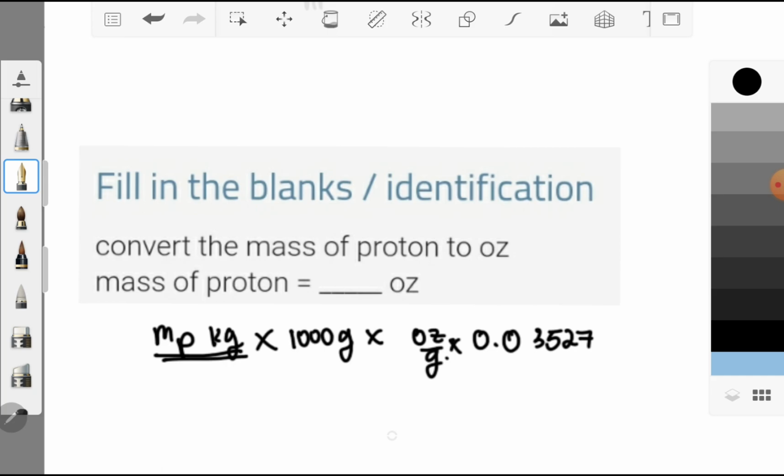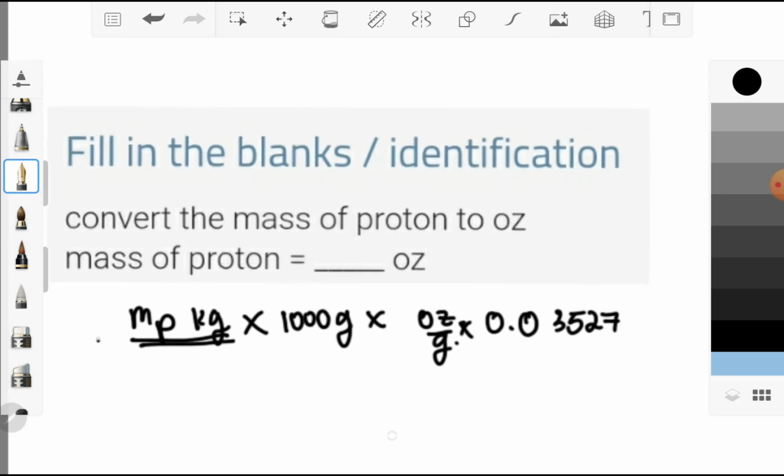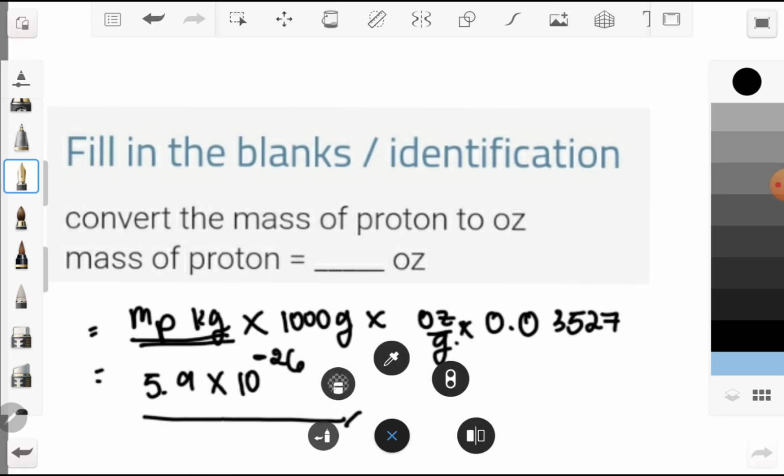So, shift 701 times 1,000 times 0.03527. So, we have a value equal to 5.9. Ounce.